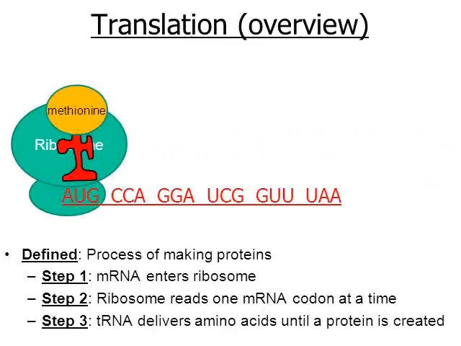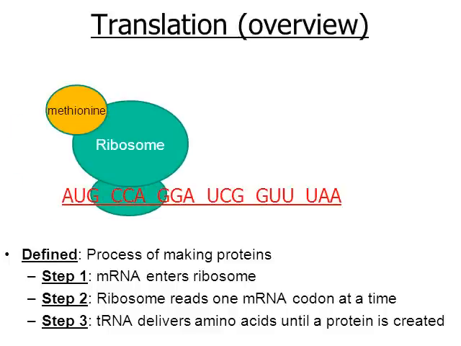So here's tRNA, transfer RNA. That red cross-shaped object is transfer RNA, and it's carrying that orange circle labeled methionine. Transfer RNA drops off methionine at the ribosome, and the ribosome really just repeats this process.